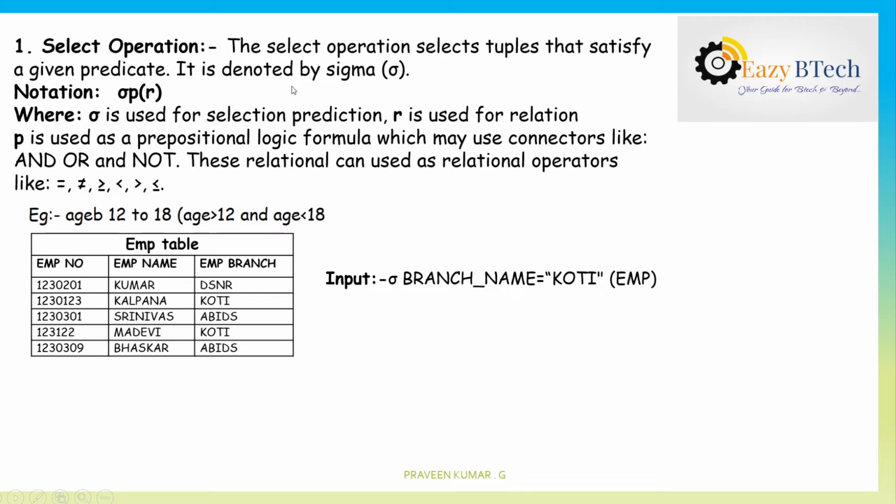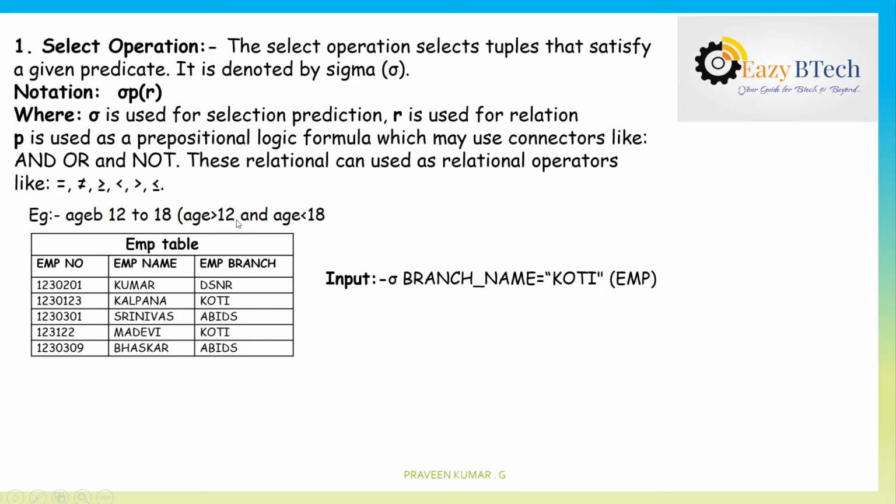Here we use connectors like and, or, not, and also relational operators. Suppose I want to know how many kids in Hyderabad are between age 12 and 18. The condition is age greater than 12 and age less than 18, using relational operators and also AND.